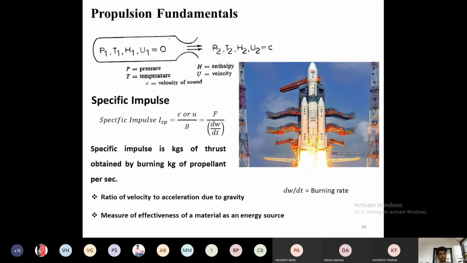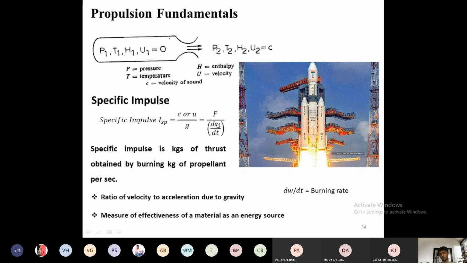I hope you understood this one. As stated here, what is specific impulse? We already saw the specific impulse derivation. Specific impulse is nothing but a change in velocities, but initially we assume that u1 is constant, so we can consider the velocity C. It is the ratio of velocity to acceleration due to gravity, which is always equal to the thrust created by burning the unit weight of propellant per unit time, F divided by dW by dt, where dW by dt is known as the burning rate.